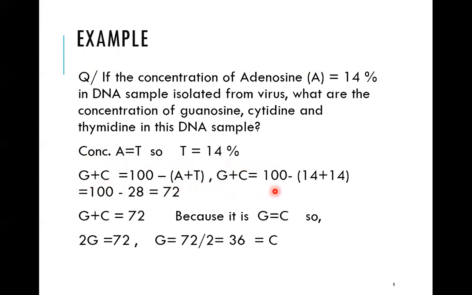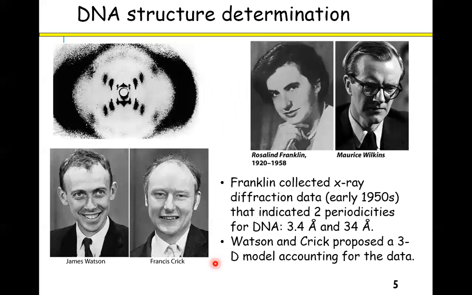So 100 minus 14 plus 14, 100 minus 28 equals 72. Because guanine equals cytosine, 2 guanine equals 72. 72 divided by 2 equals 36%, the concentration of guanine and the concentration of cytosine.